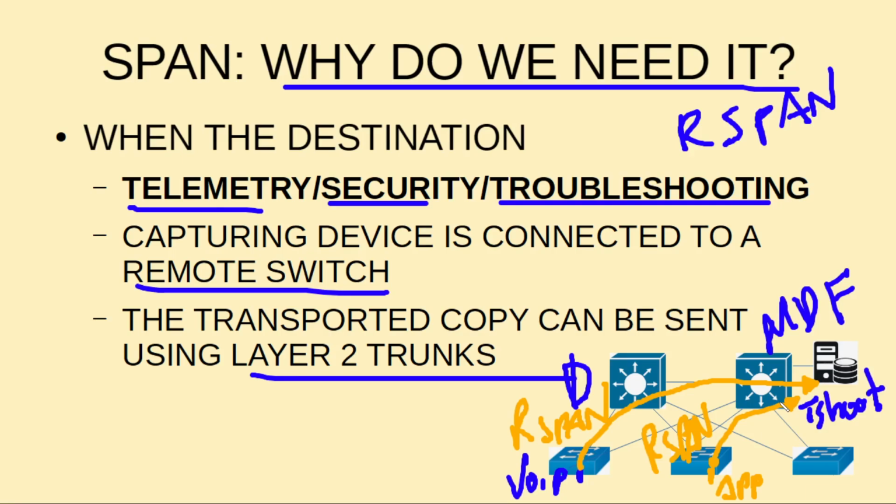Actually, remote SPAN makes more sense than traditional SPAN, because usually your telemetry servers, your security devices, and your troubleshooting packet sniffers live in a different switch than the one where you are monitoring traffic.